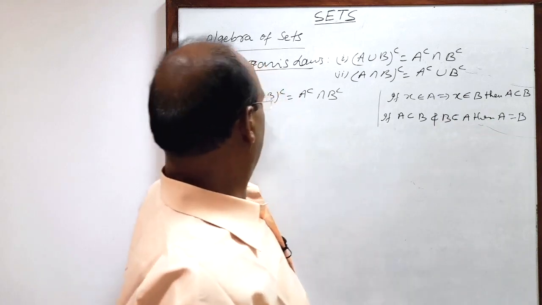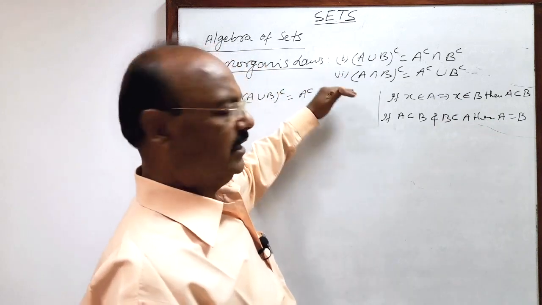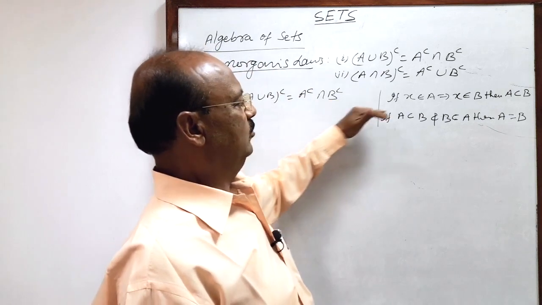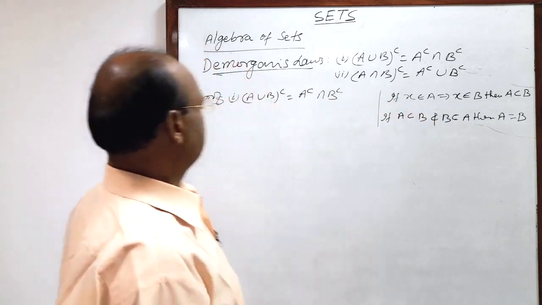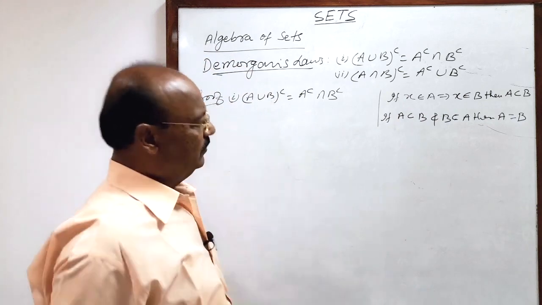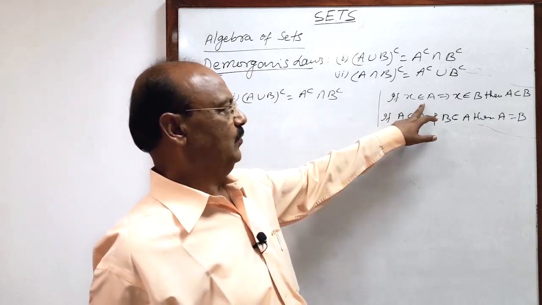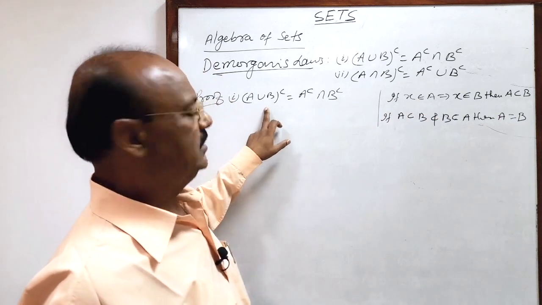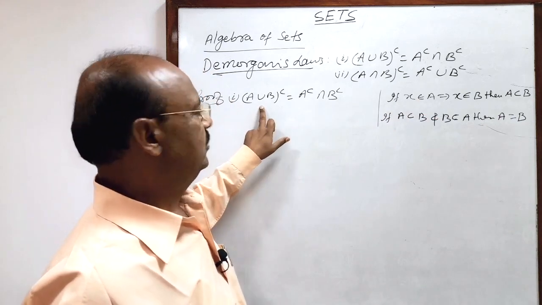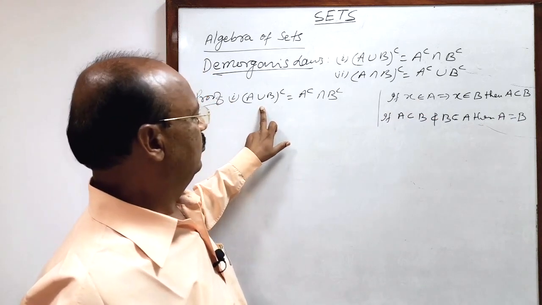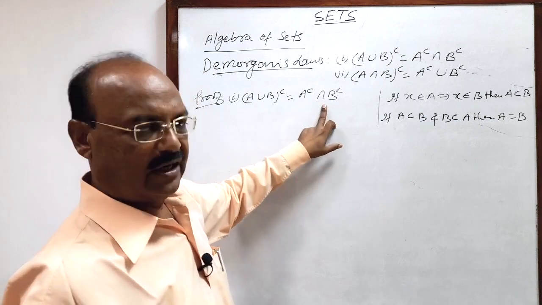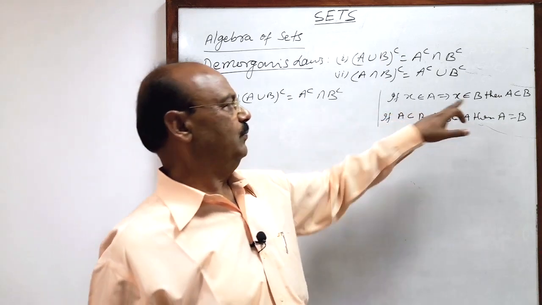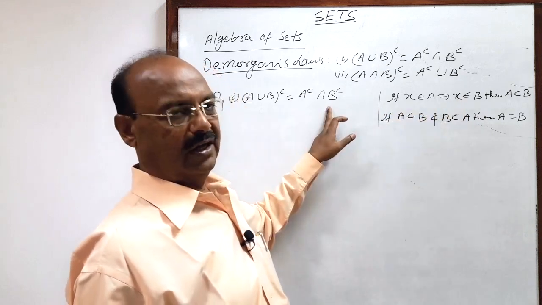For proving the first law and second law of De Morgan's laws, we will use these properties of set theory. So let us start the proof. First of all, we will show that X is any arbitrary element belonging to LHS, and this implies that element X belongs to RHS. By this condition, LHS will be a subset of RHS.